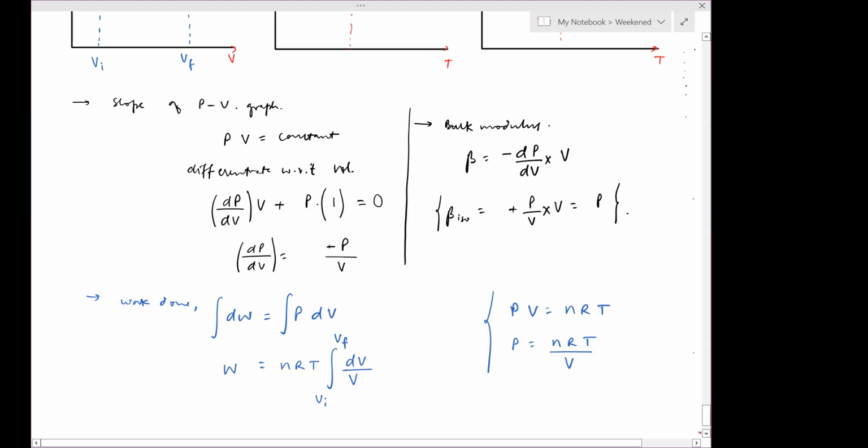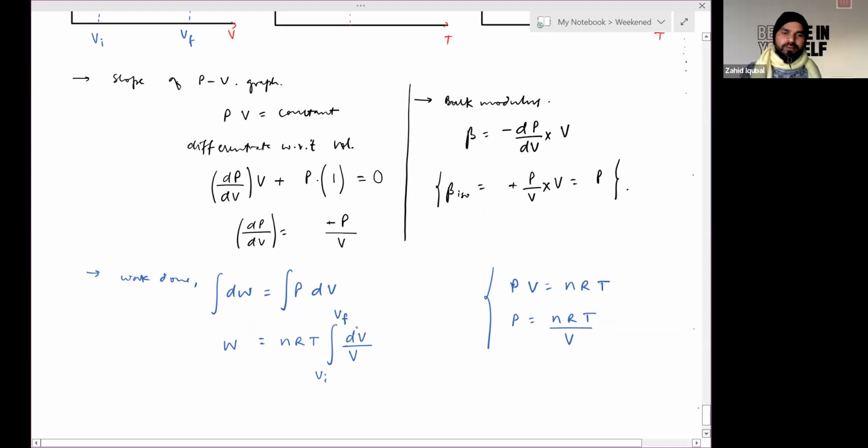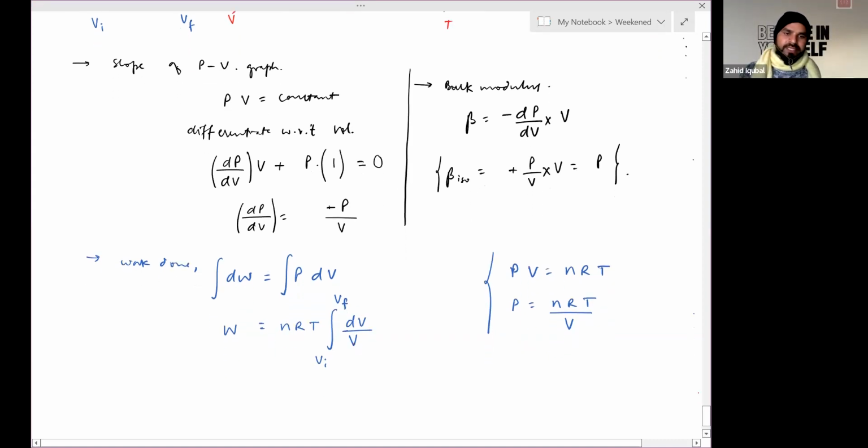Okay. Now in this part we have 1 divided by V. On integration, it will give you the natural log. So it will be nRT ln V, with upper limit V final and lower limit V initial.